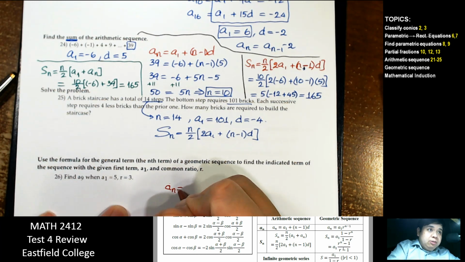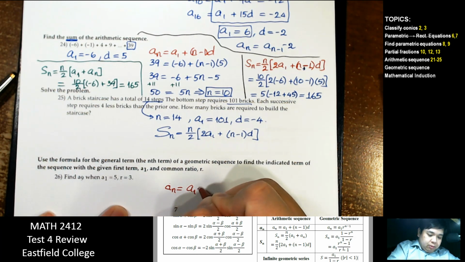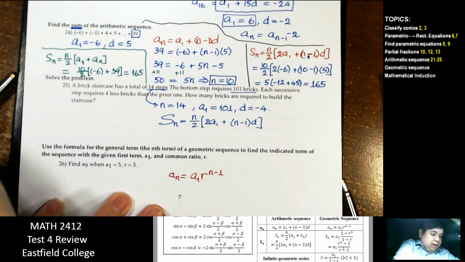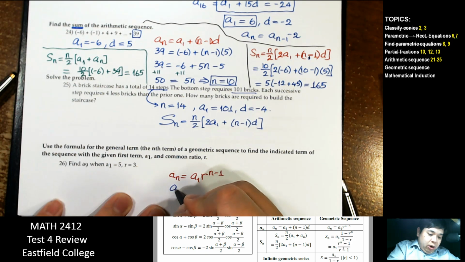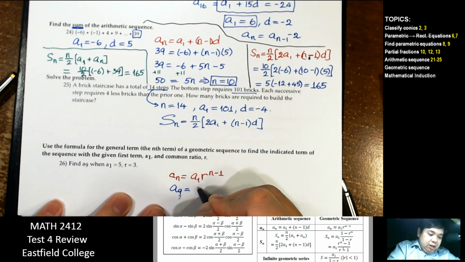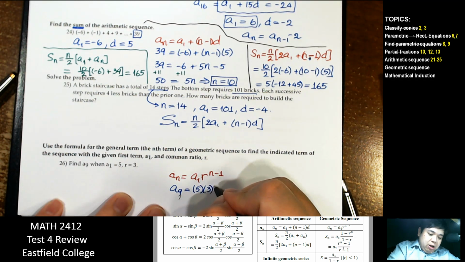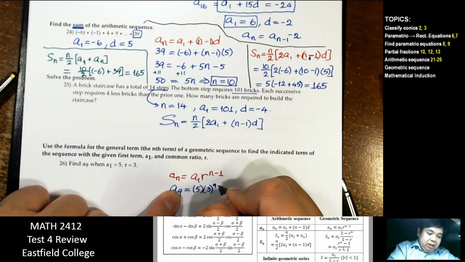In general, it's that formula. So we want the 9th term. The first one is 5. The ratio 3 to the n minus 1. There's 9 for n.